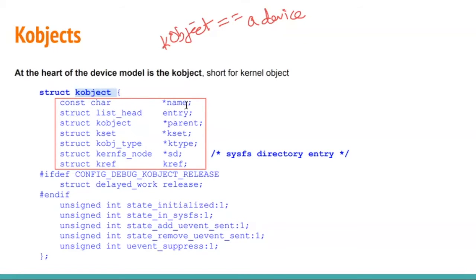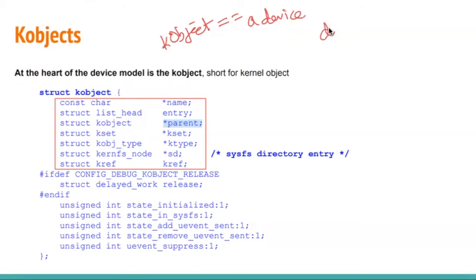So this is a name, so here we can give the device name like I2C bus. And this is an entry, like the structure which contains other k objects. And this is important: inside a k object we can have another k object pointed to the parent k object.